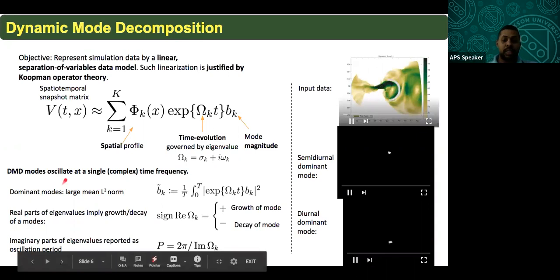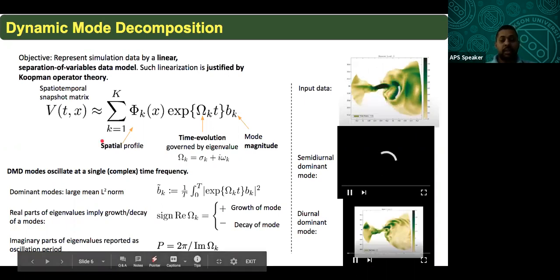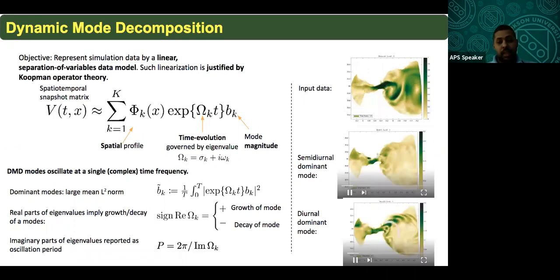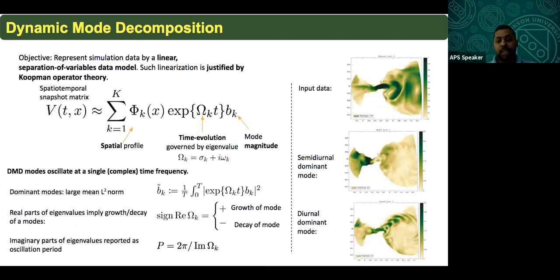First, we can rank these modes by their L2 norm contribution. Then we can categorize those modes by their eigenvalues.